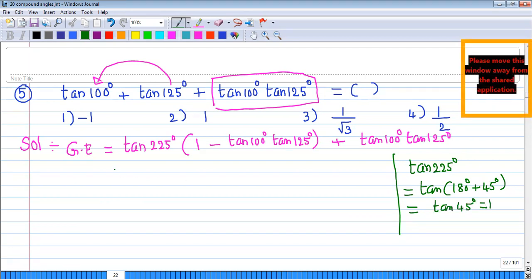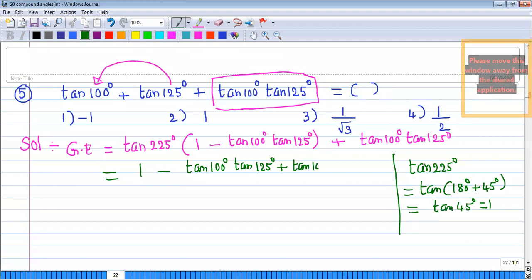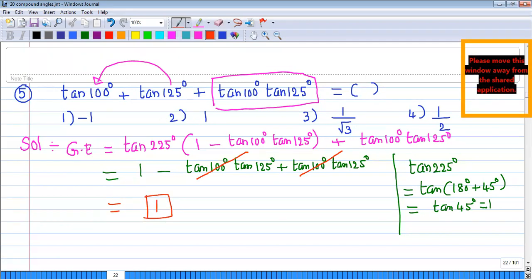So 1 into 1 minus tan 100 degrees tan 125 degrees plus tan 100 degrees tan 125 degrees. Tan 100 tan 125 cancel, 1 remains. Answer is 1.